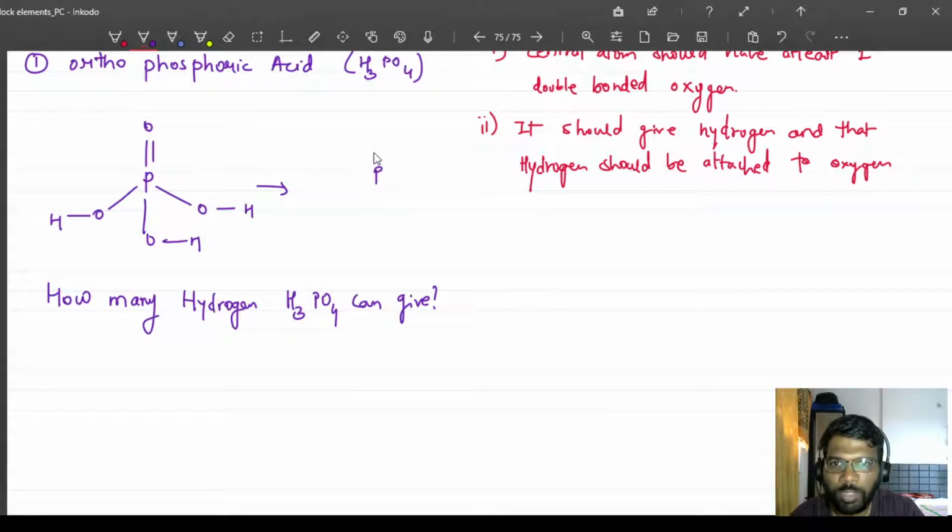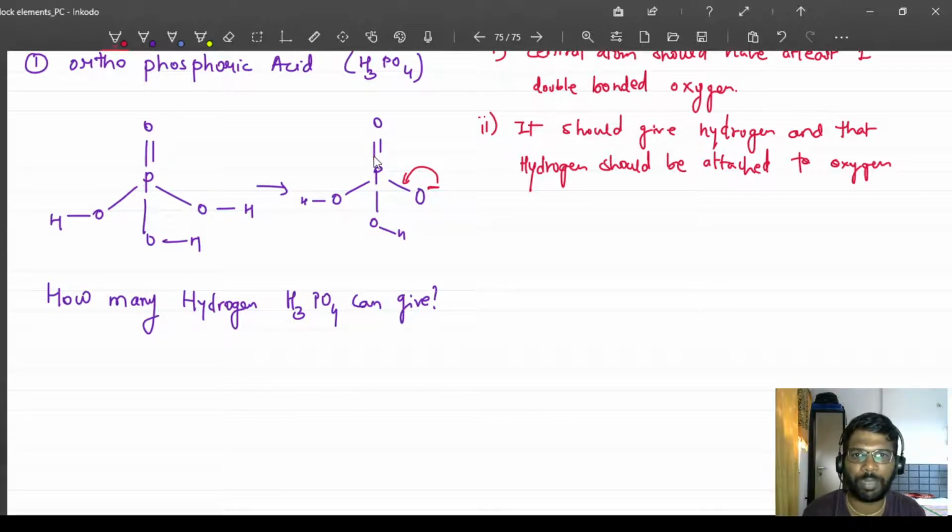If I remove one of the hydrogens, because hydrogen is going to go as H plus, there is a development of negative charge here. This is in resonance with this pi bond. Whenever something is stabilized by resonance, it is more stable. So hydrogen can leave easily.